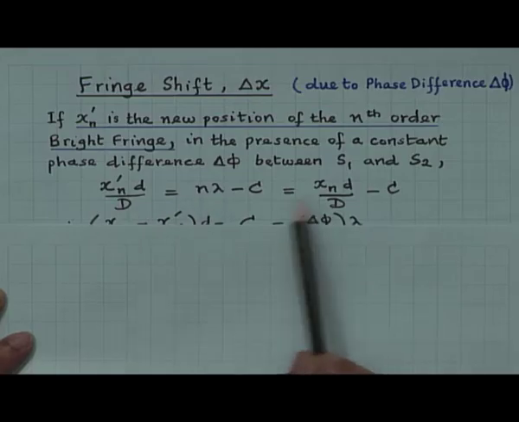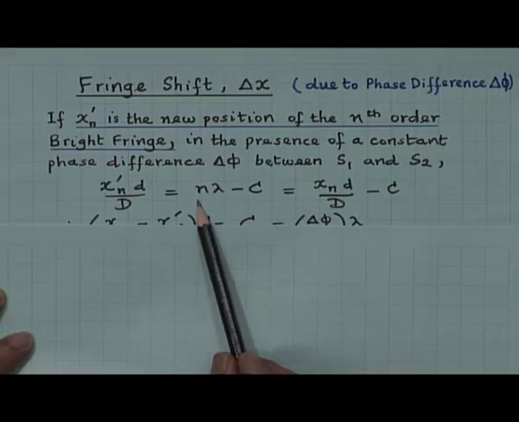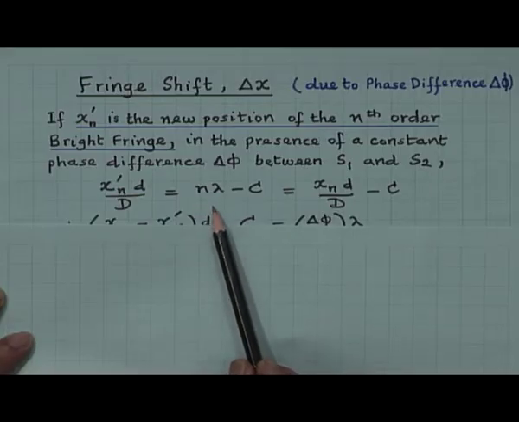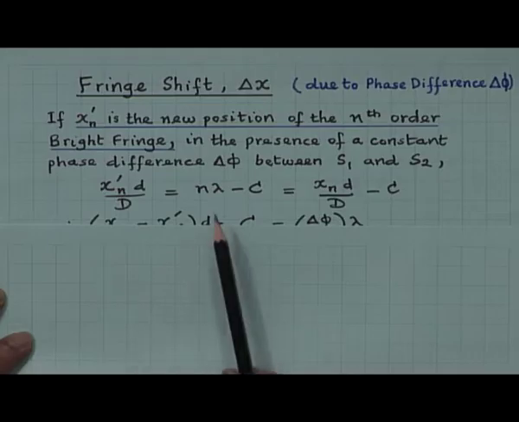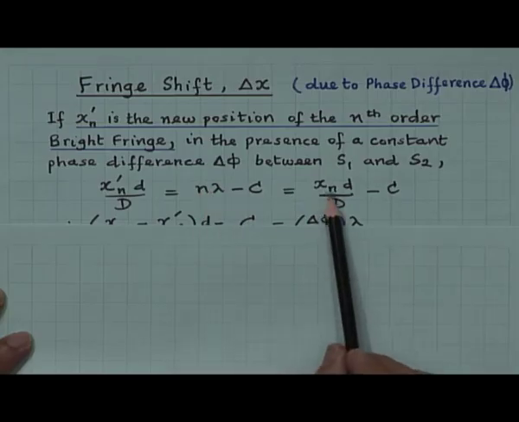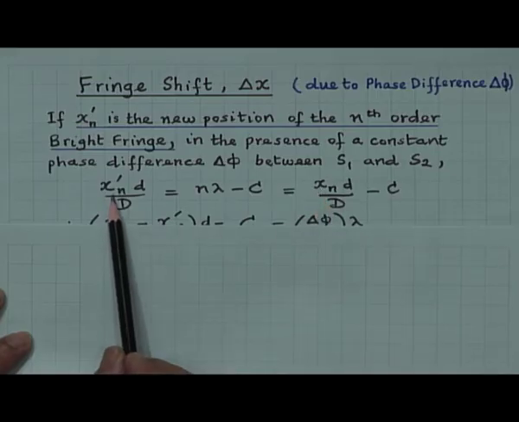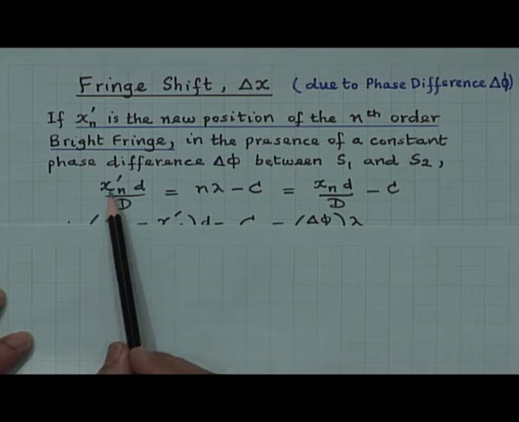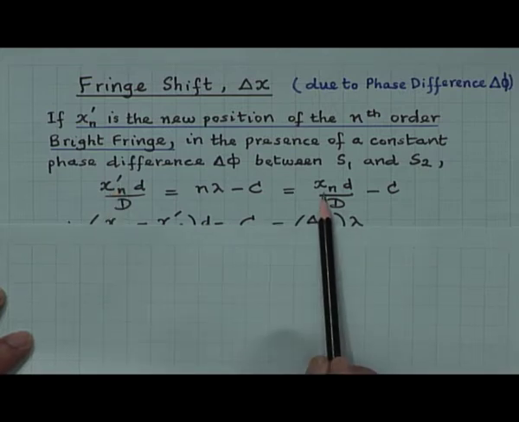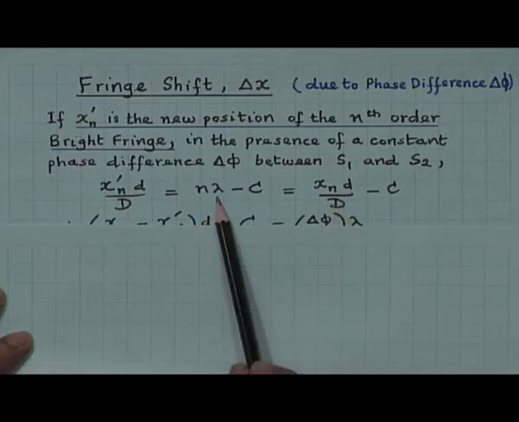Remember that x n into d by D was equal to n lambda when there was no phase shift, when there was no delta phi or delta phi was equal to 0. Therefore, for n lambda I am substituting x n d by D, the original position of the nth bright fringe. Now, the nth bright fringe has changed to a new position x n dash, but the original position x n is here, and then this into d by D is n lambda.